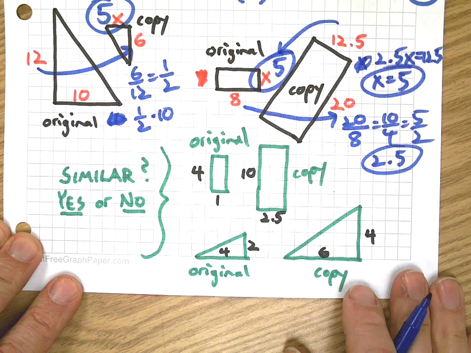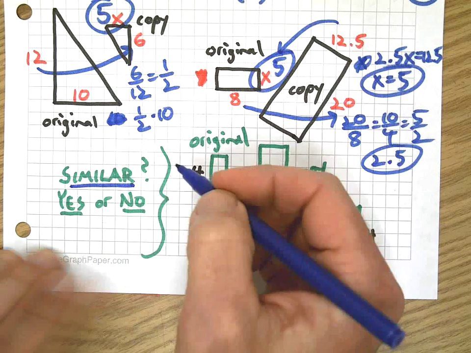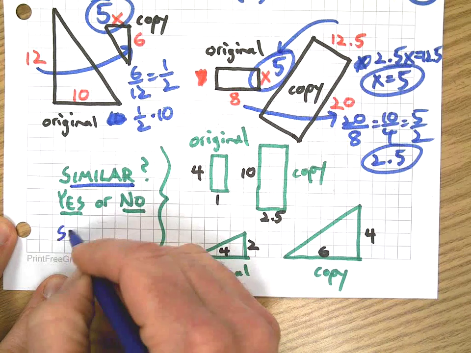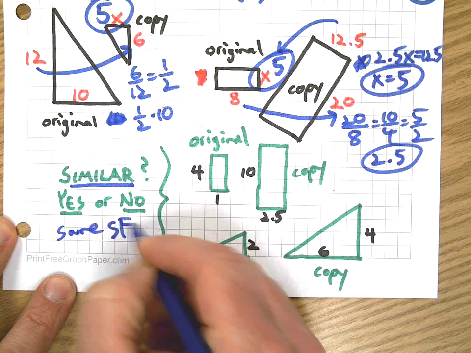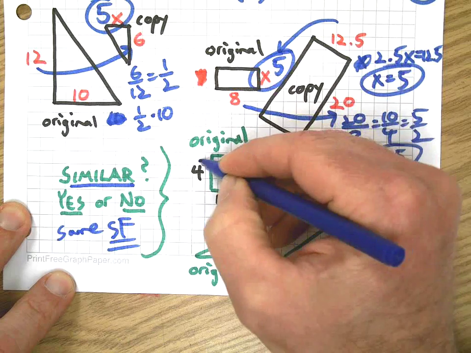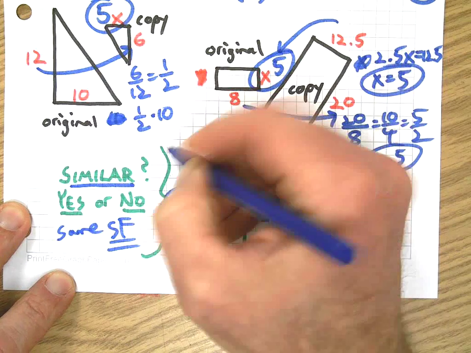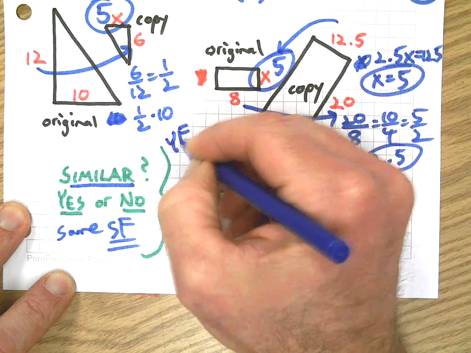Okay, and finally, let's wrap it up. Are these shapes similar, yes or no? For them to be similar, they need the same scale factor, right? So, let's match up our corresponding sides. What's our scale factor here? 2.5.